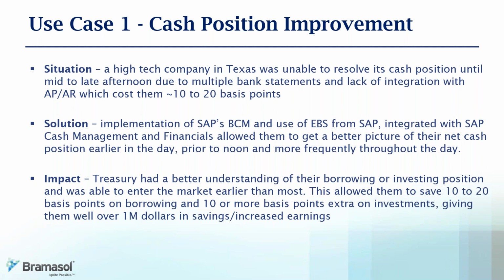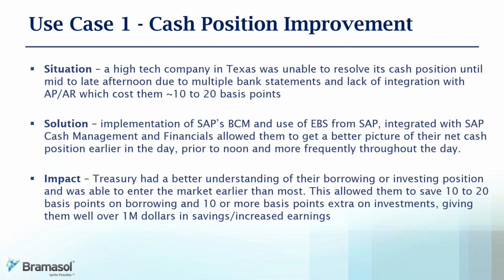We implemented SAP BCM, which we just talked about, and using EBS, electronic bank statements from SAP, which allowed them to get into the market a lot earlier. We talk about intraday. This company was unable to get into the market until the afternoon. With these implementation procedures and using this software, it was basically real-time information.